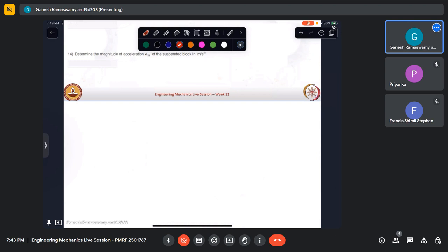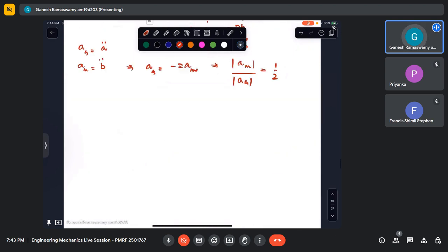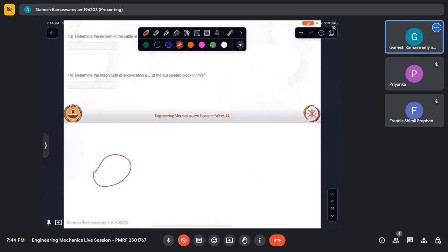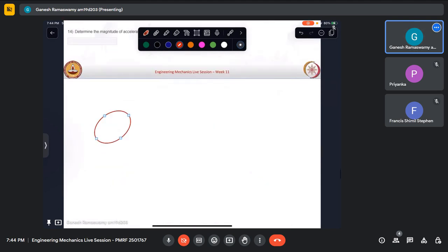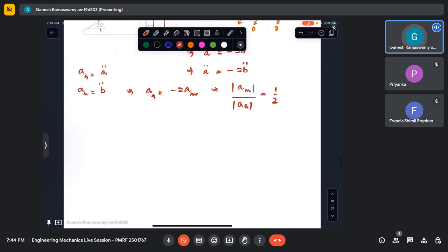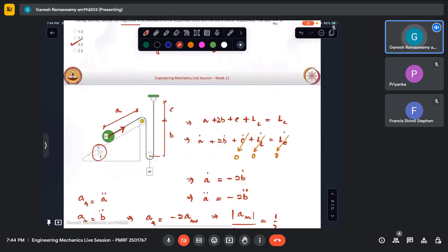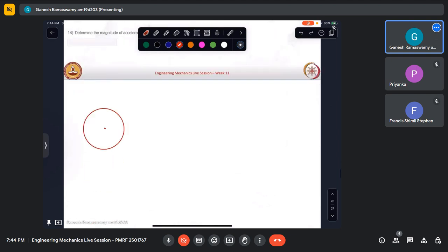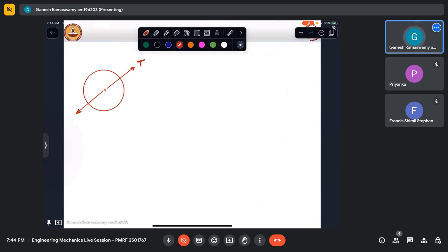So let me draw the disk here. We've been given the angle. Angle is given. Okay. So it has a tension like that, and then it has a mg, m disk g by 2 by virtue of this being sine 30.